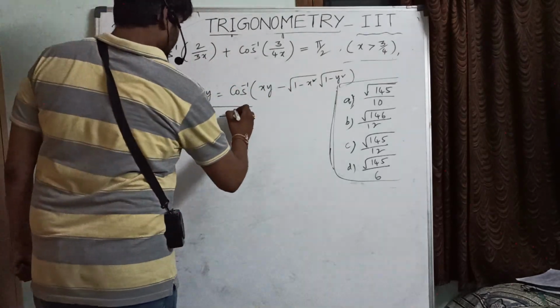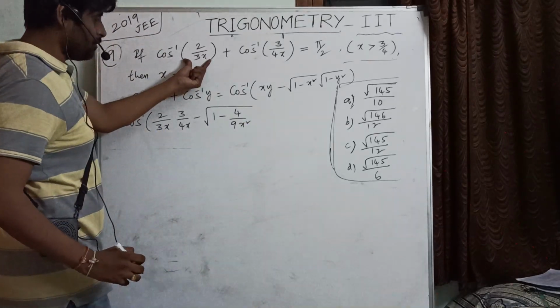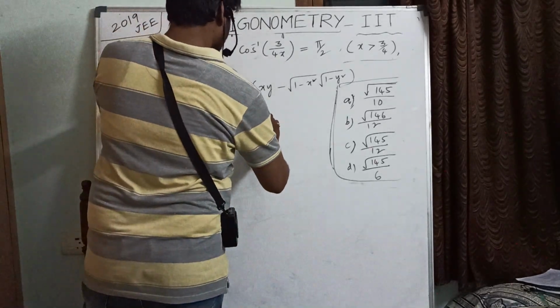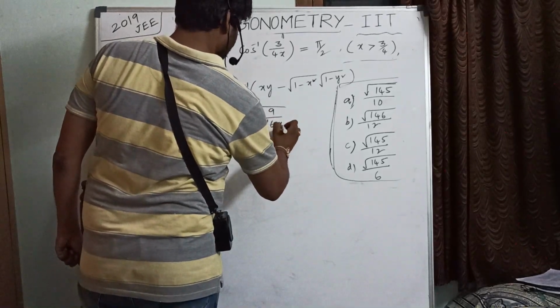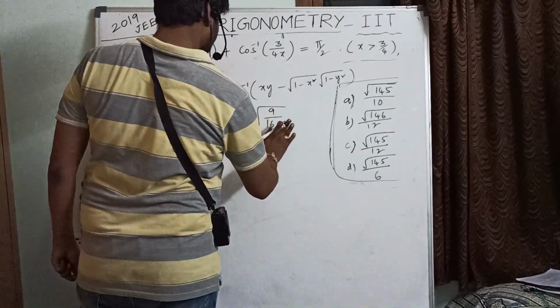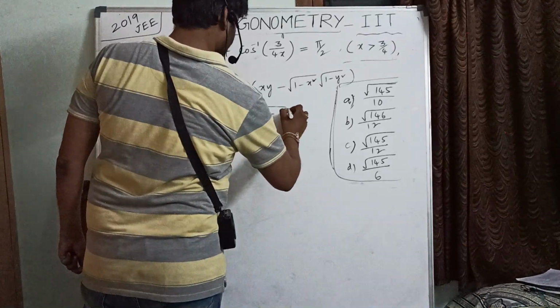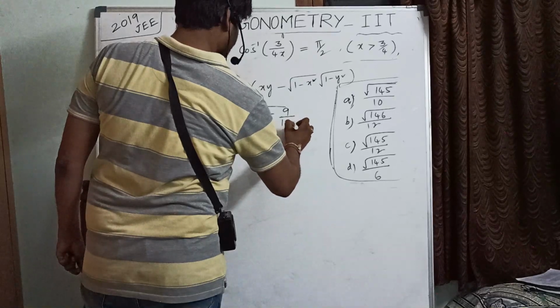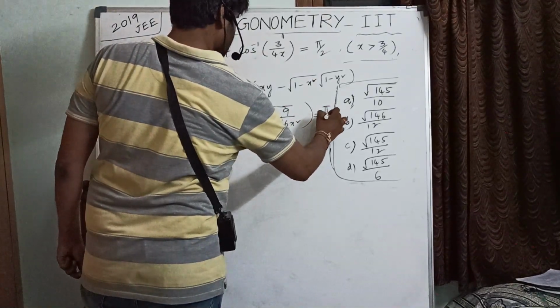So 4 by 9x square, 4 by this one square, 4 by 9x square into root of this one square, 9 by 16x square. Okay, that too 1 minus, correct? So 1 minus 9 by 16x square. Clear? Equals to pi by 2.